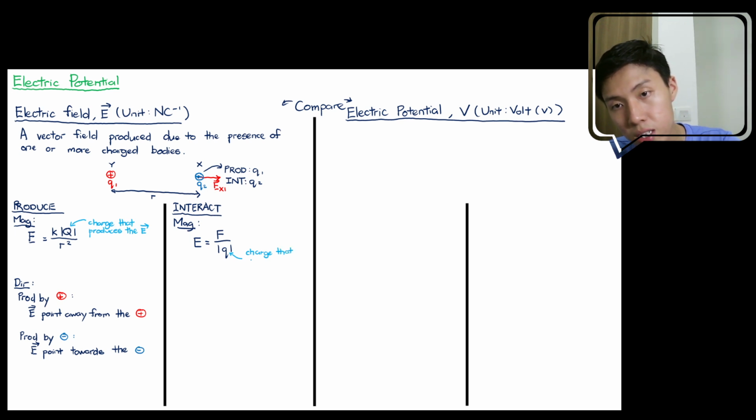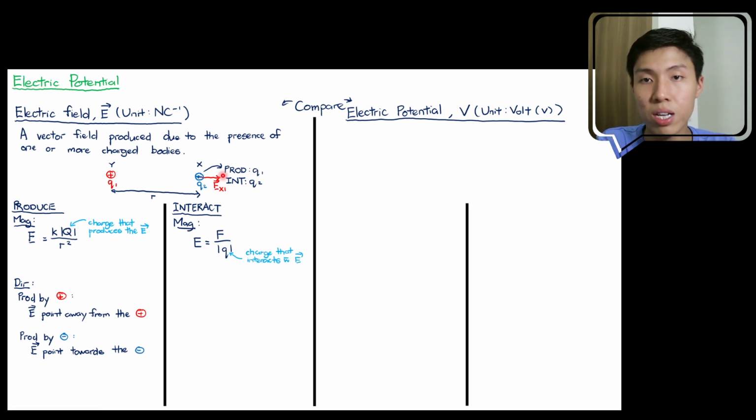Since for this particular situation Q2 is the one interacting, we should substitute the magnitude of charge Q2 inside here. This E here is the electric field that Q2 is interacting with, which is the electric field at position X, and this F here is the force experienced by Q2.